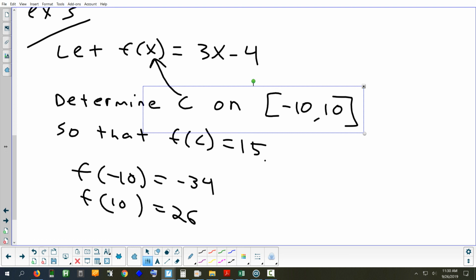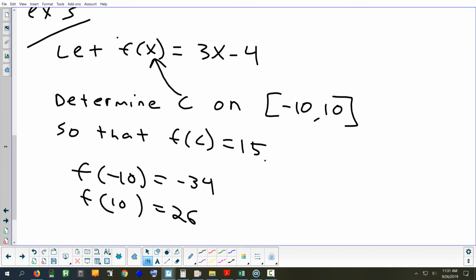Any question on how we got those two numbers? So, if I'm starting at -34 and I'm ending at 26, am I going to hit 15 somewhere? Yes, because this is a continuous function. So you must have hit 15 somewhere.